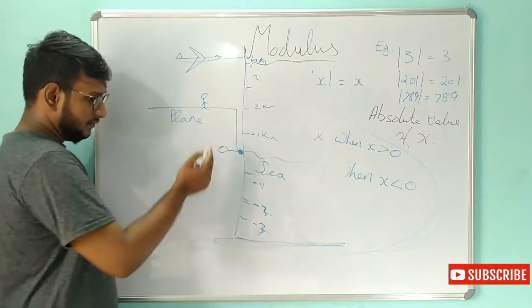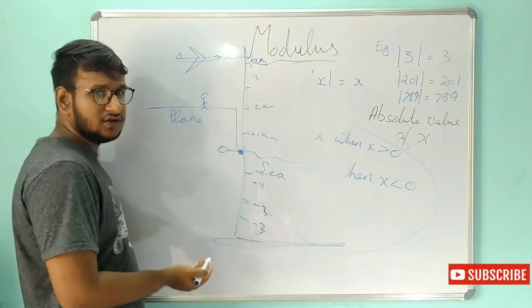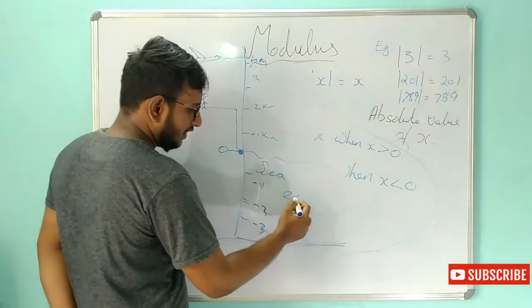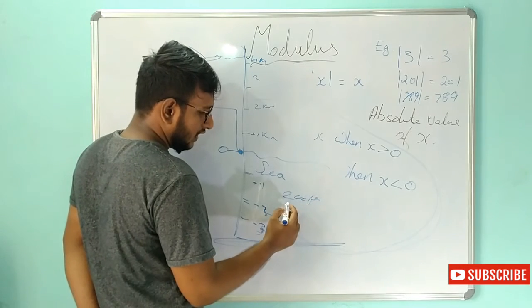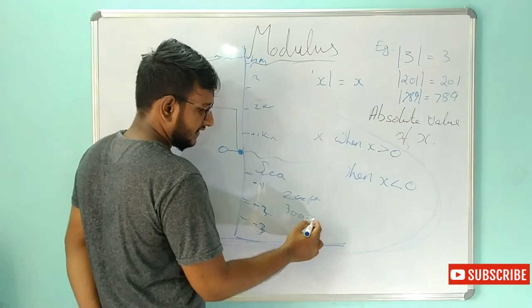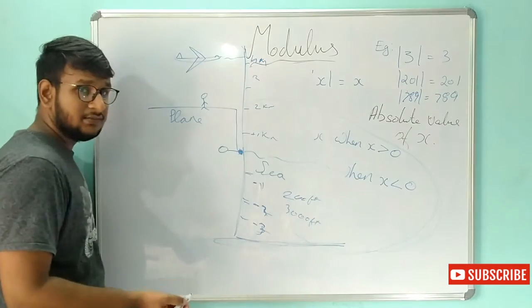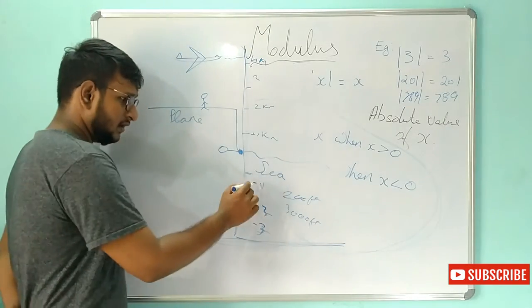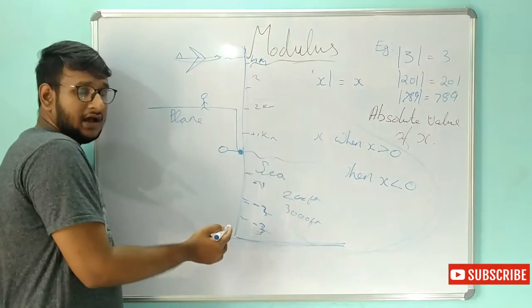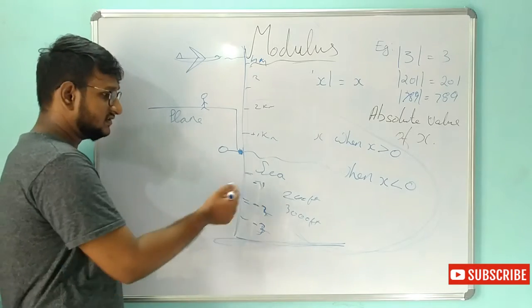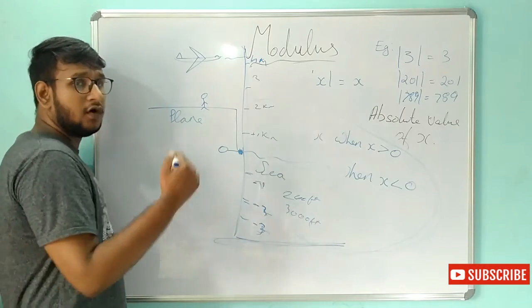But if someone asks what is the depth of the sea, you will say 200 feet to 3000 feet, something like that. It is again the same concept, but as far as the number line is concerned it is in minus, while we say it in a positive way.